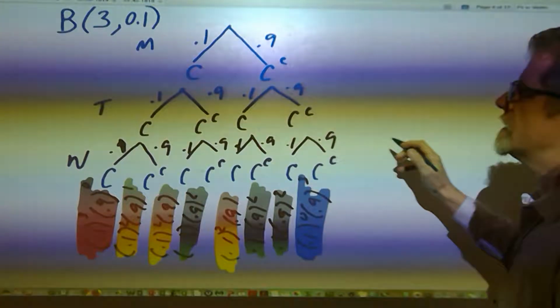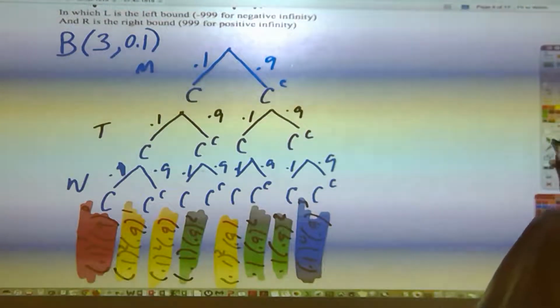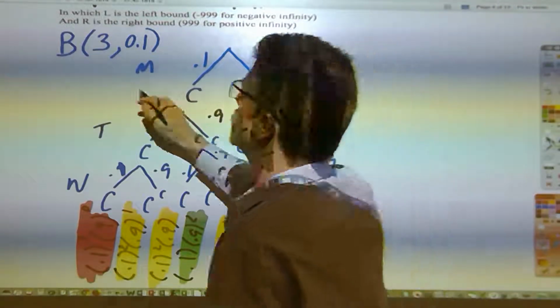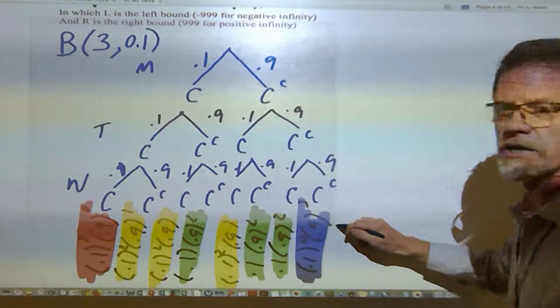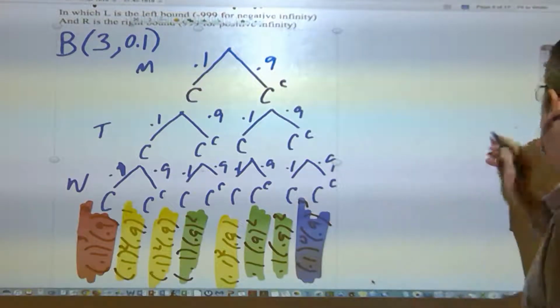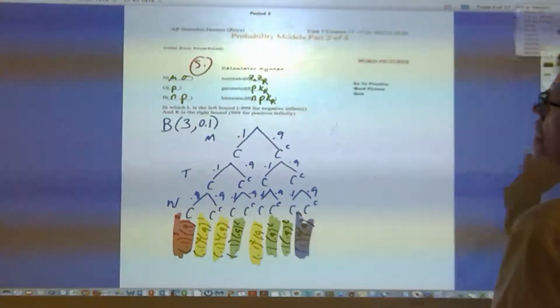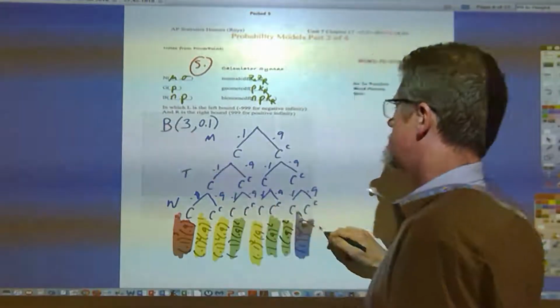I want to show you what this model is and why you don't have to draw this really big tree diagram every time you want to use a binomial model. I want you to be able to skip the tree diagram.